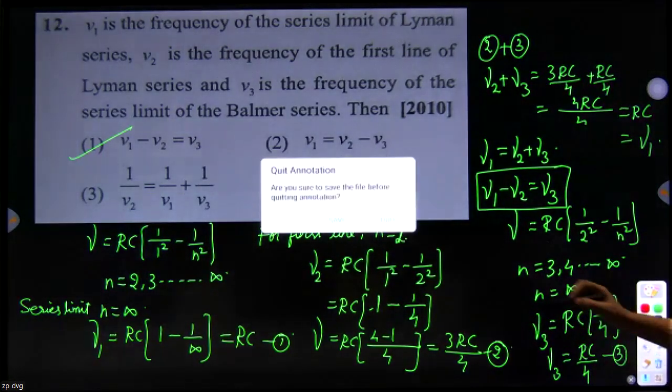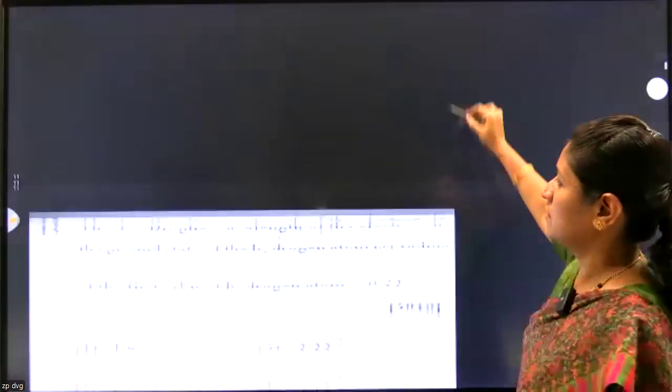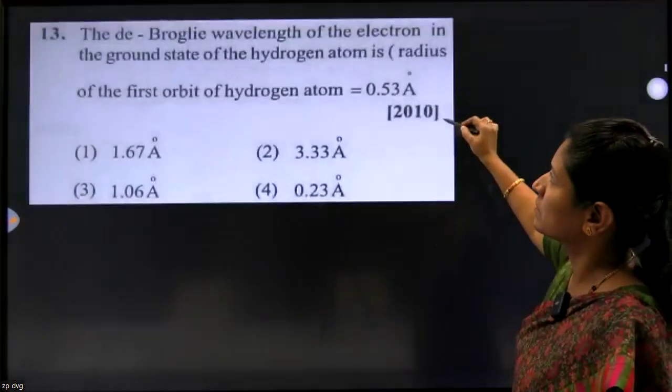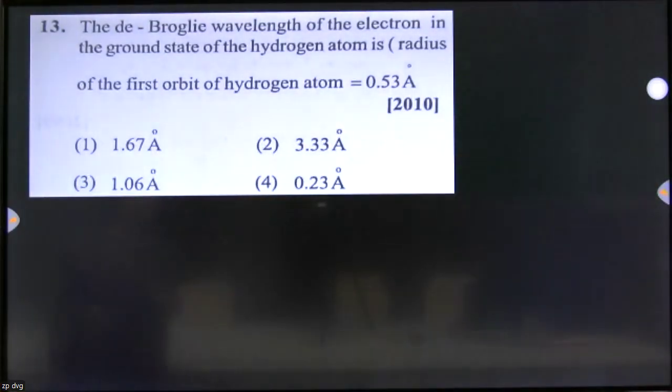Next, we can move on to the next question. The de Broglie wavelength of the electron in the ground state of the hydrogen atom is. The radius of the first orbit of hydrogen atom is given, that is 0.53 angstrom.